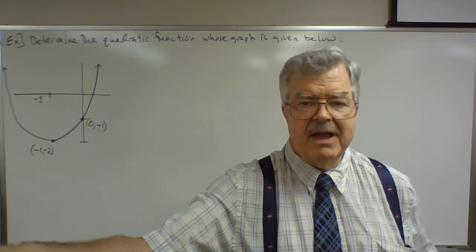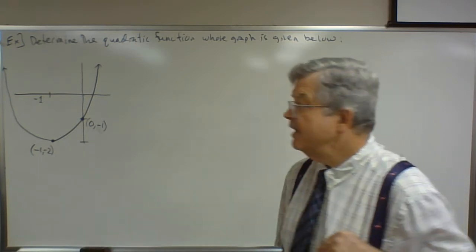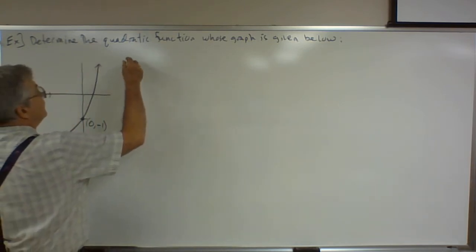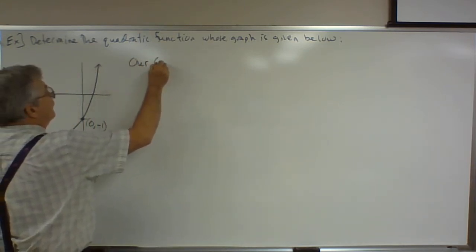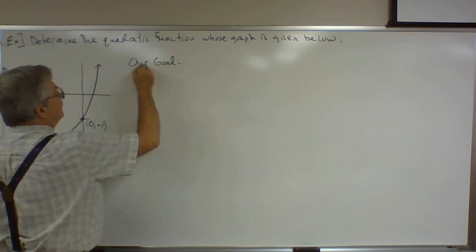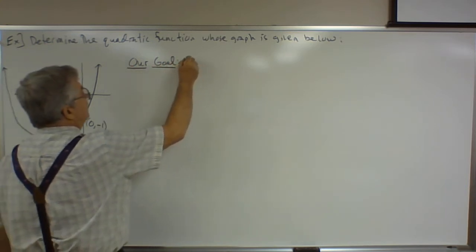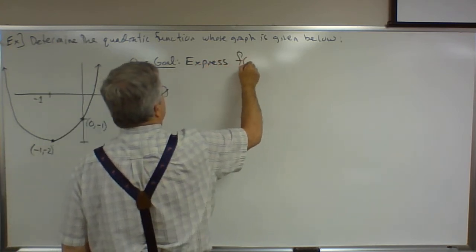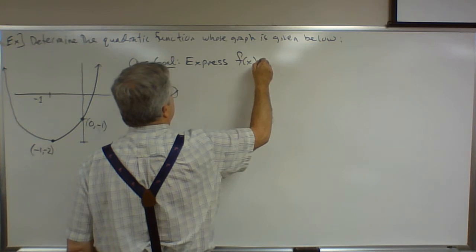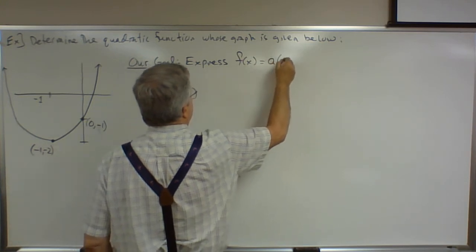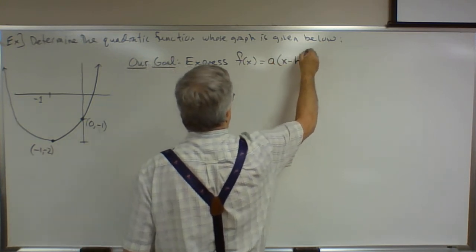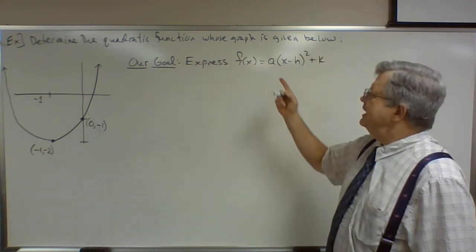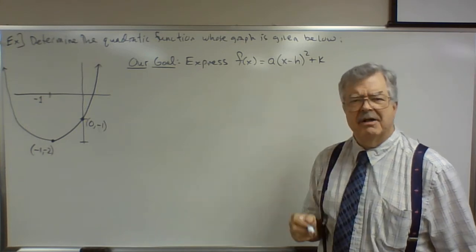Now, just how in the world are we going to do this? Here's what I think. I think we need to do it this way, and I'll tell you why.